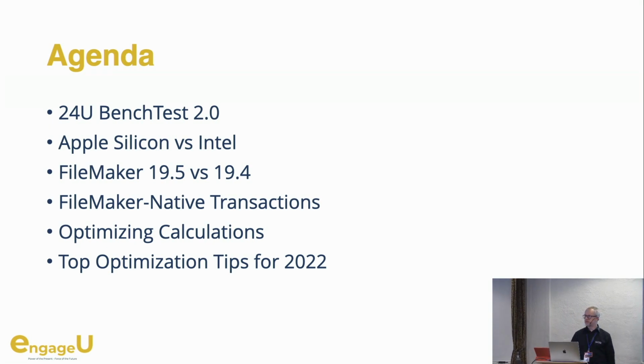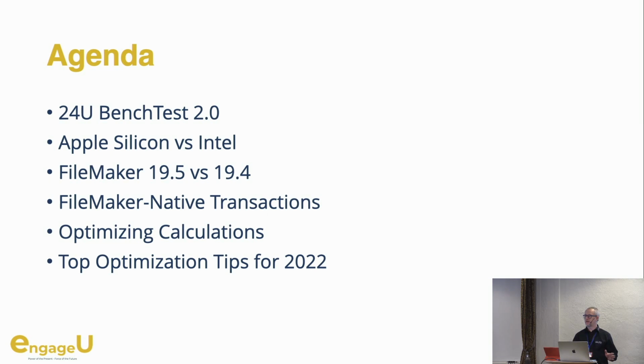Today I'm going to talk briefly about the 2ForYou bench test, this tool that's free on our website that you can use. A little bit about Apple Silicon processors versus Intel processors. FileMaker 19.5, how it compares to 19.4. New stuff, the FileMaker native transactions. Vince talked about them yesterday.